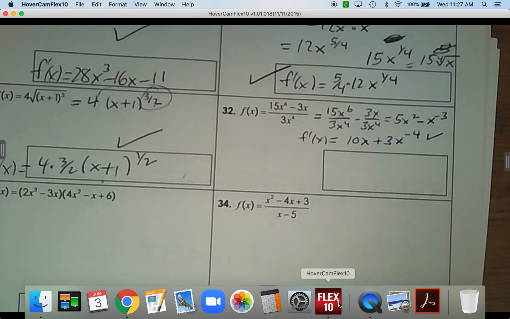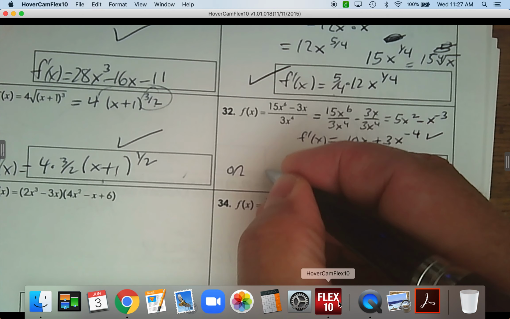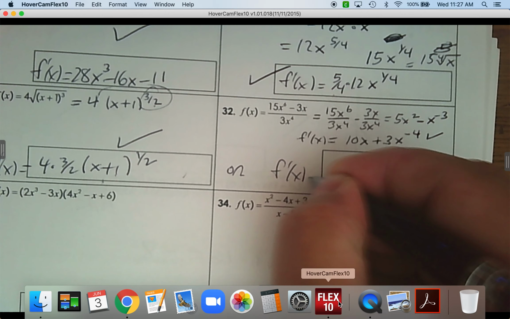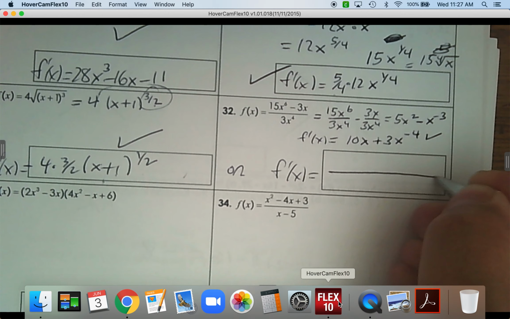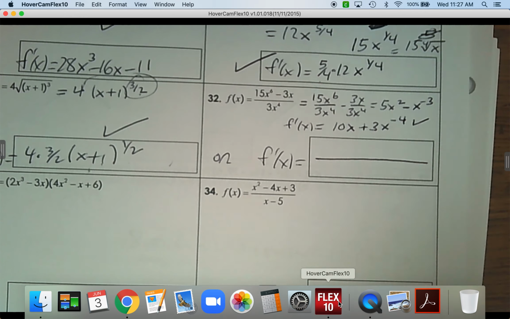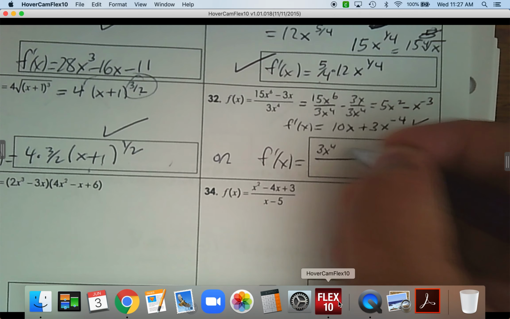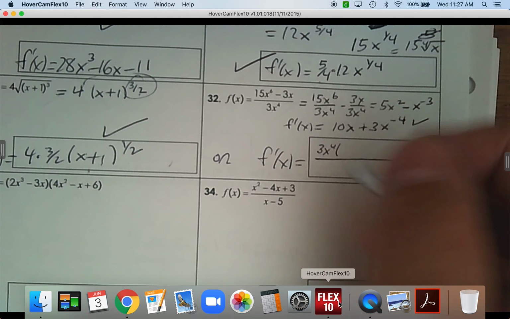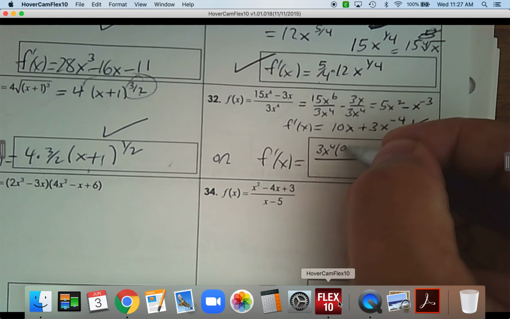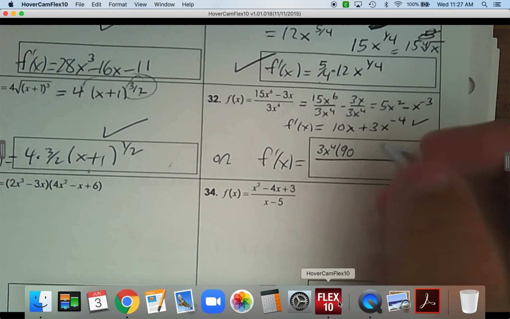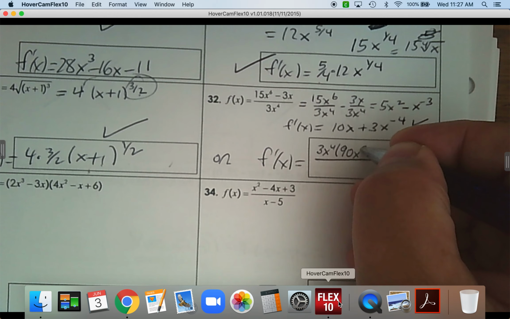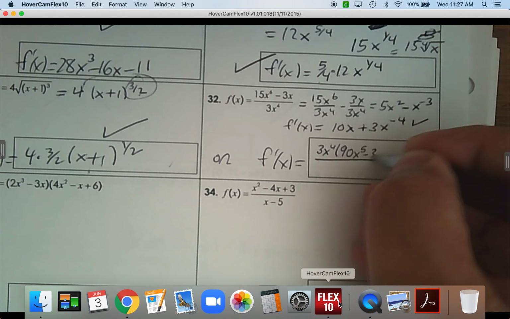Or if you did the quotient rule, this is the other possibility that it could be. Both are correct. So with the quotient rule, a nice long fraction line, you would have done the bottom times the derivative of the top. So 6 times 15, what is 60, 30, 90, x to the 5th minus 3.